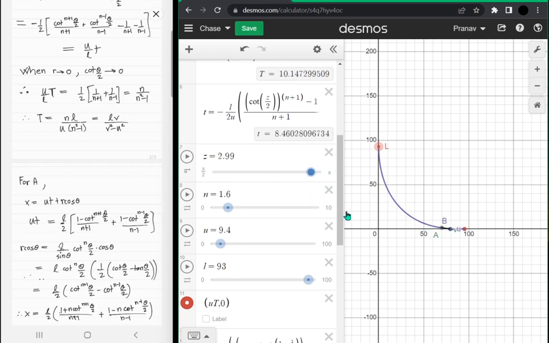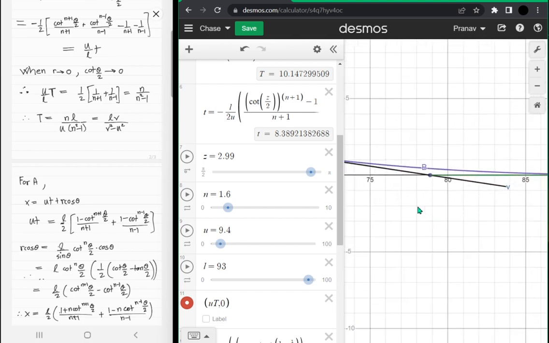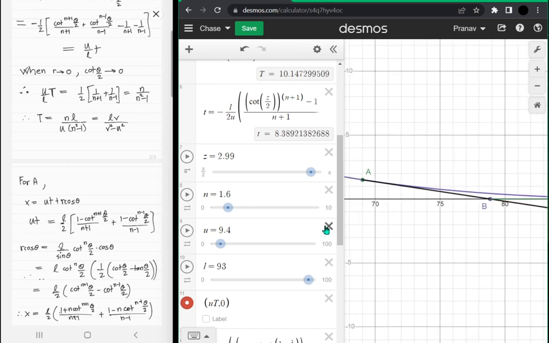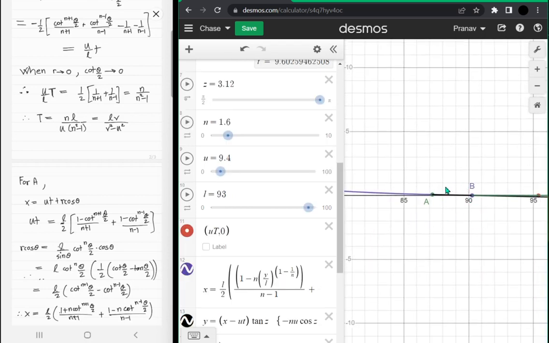So you can see that over here, your vector, so the velocity vector for A, it's getting more and more horizontal until eventually it will basically approach the x-axis, right? And then it will become completely horizontal.